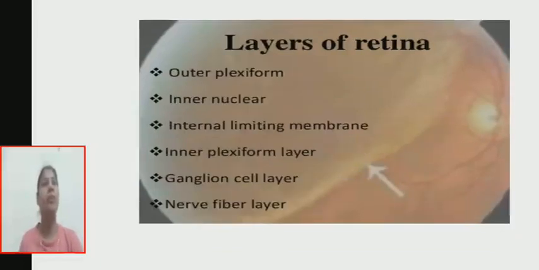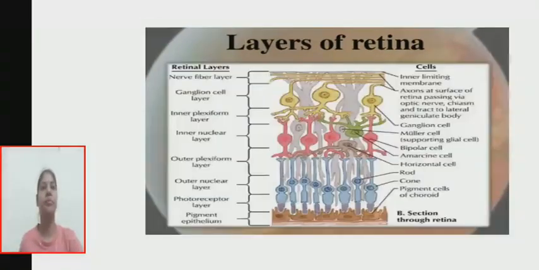Next is the outer plexiform, inner nuclear, internal limiting membrane, inner plexiform layer, ganglion cell layer, and nerve fiber layer. These are the layers of the retina.